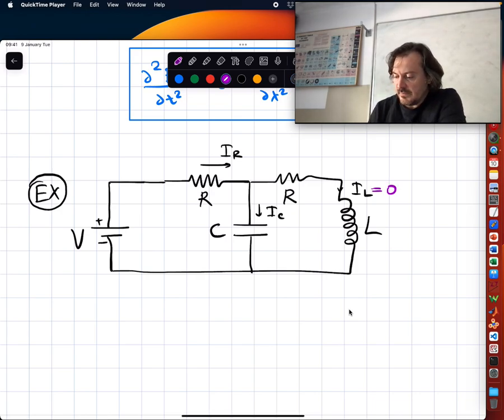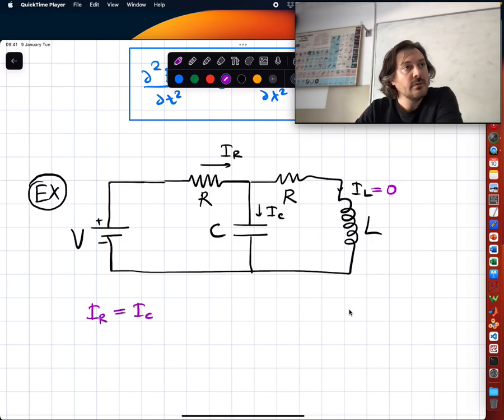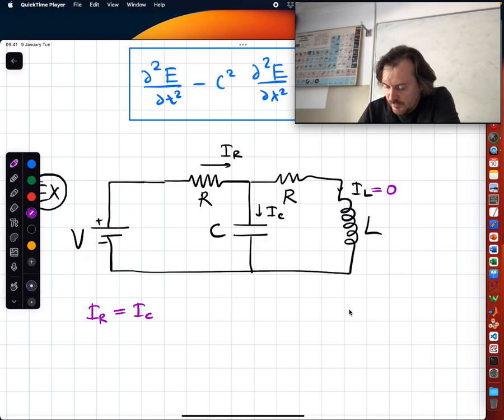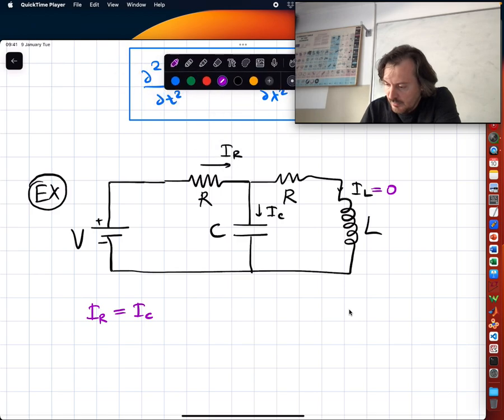And since IL is 0, it has to be the case that IR is equal to IC, right? And since the capacitor is initially uncharged, there is no potential drop there. Do you agree?